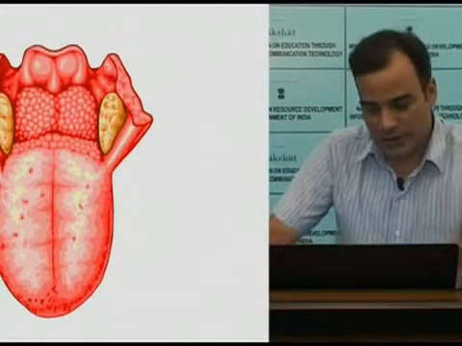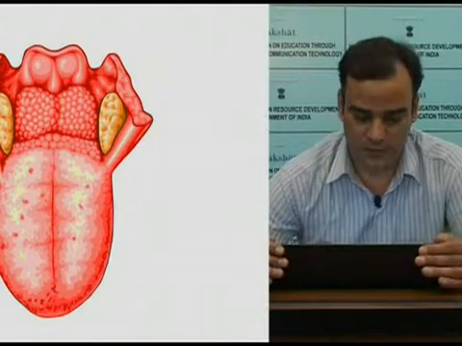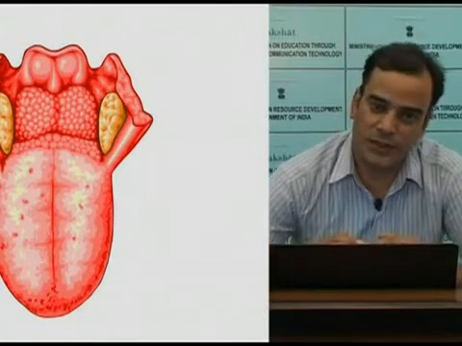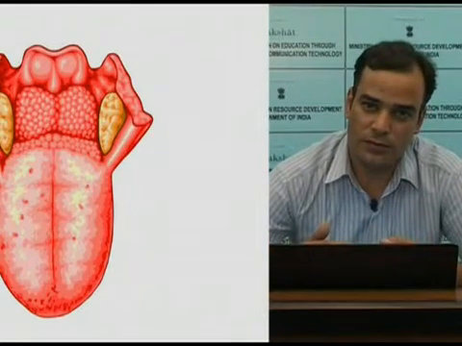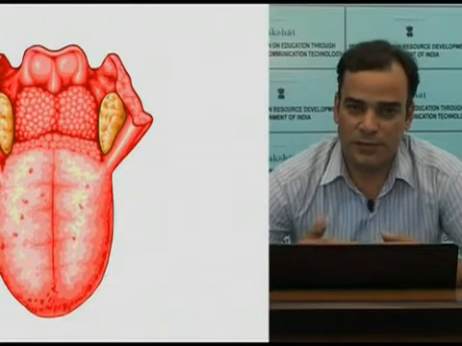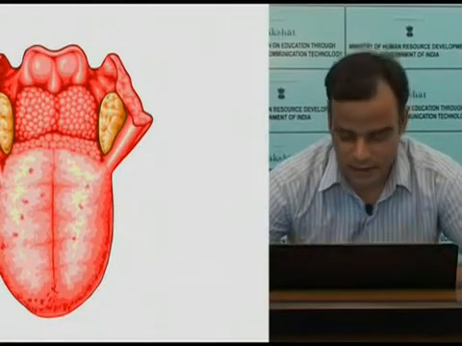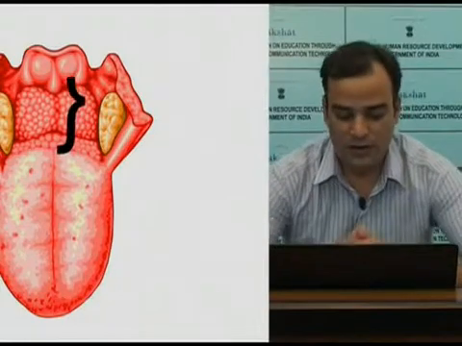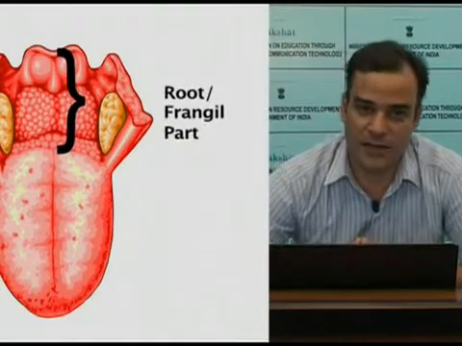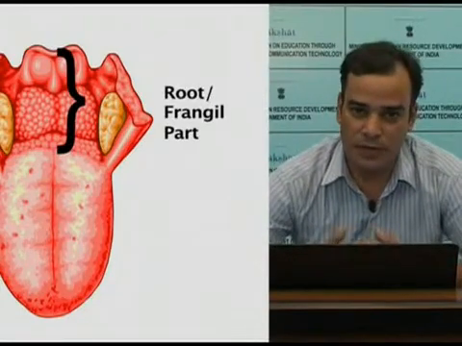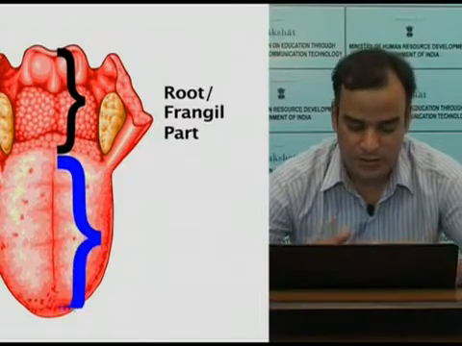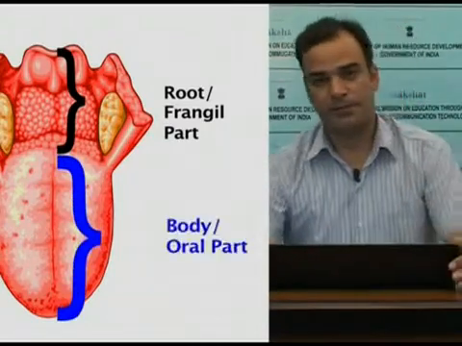The tongue is situated in the floor of the mouth and can be divided into two portions. The portion of the tongue that lies in the posterior of the mouth is called the pharyngeal part, and the part of the tongue that lies in the mouth is called the oral part.